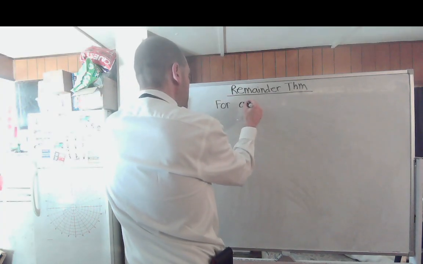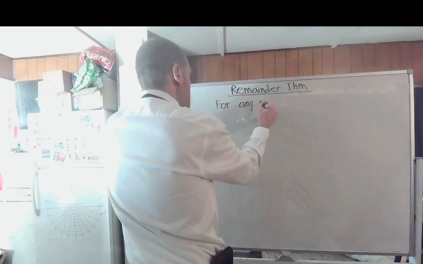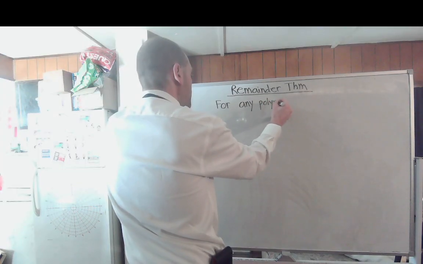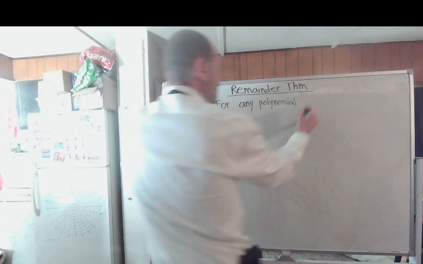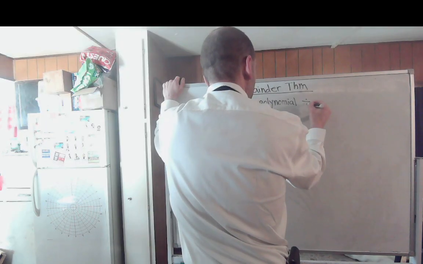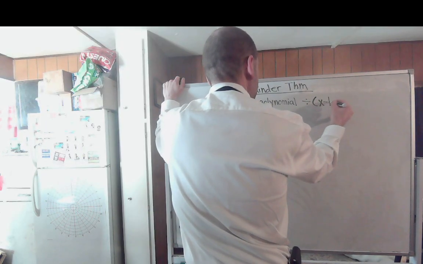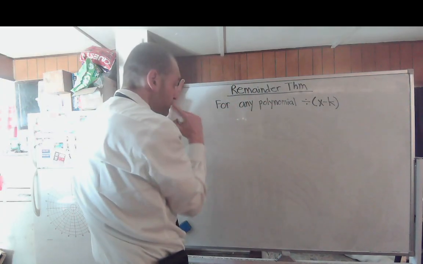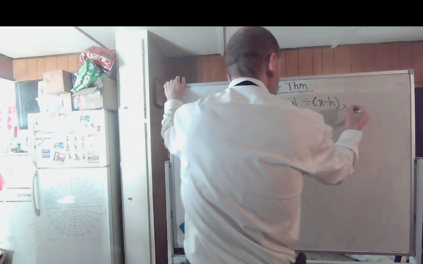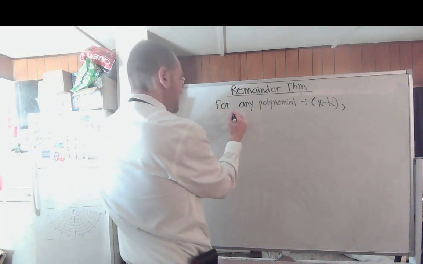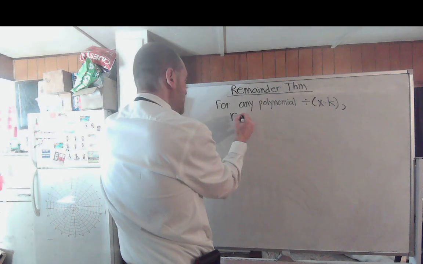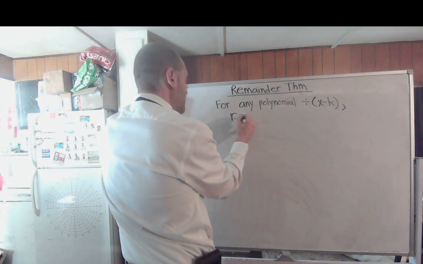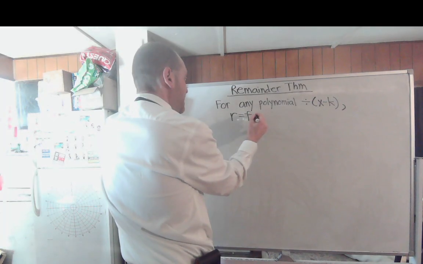For any polynomial divided by x minus k, the remainder equals f of k.